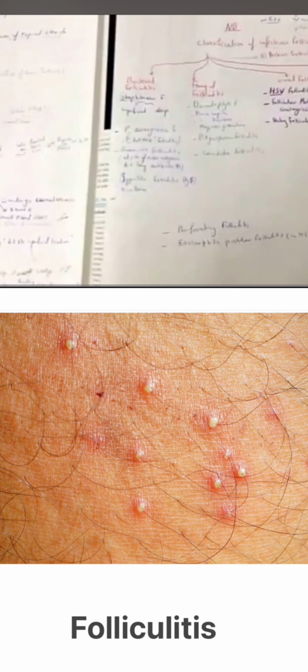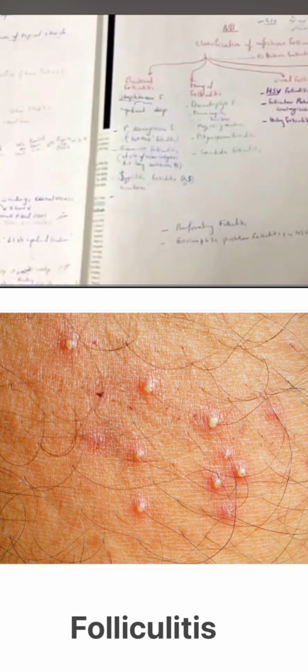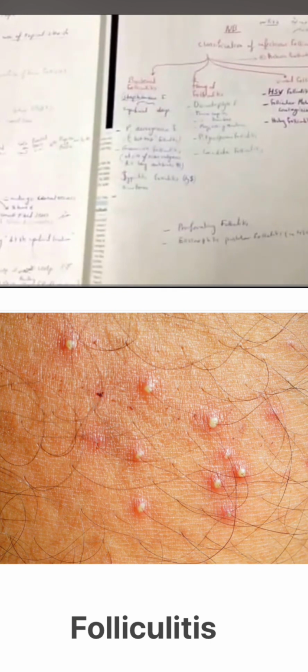And the fungal folliculitis includes dermatophyte folliculitis, Tinea capitis, Tinea barbae, and Majocchi granuloma, and Pityrosporum folliculitis and Candida folliculitis. Viral folliculitis: herpes simplex virus folliculitis, follicular molluscum contagiosum, and itchy folliculitis of HIV infection.